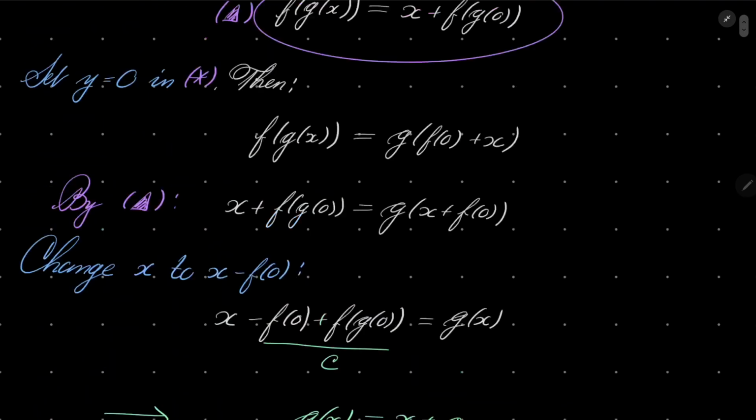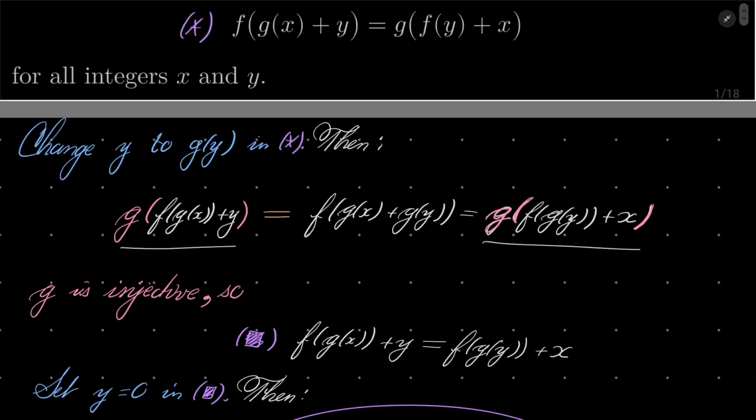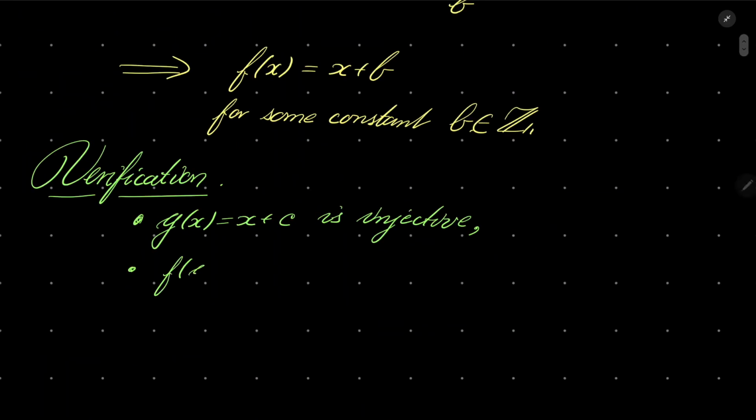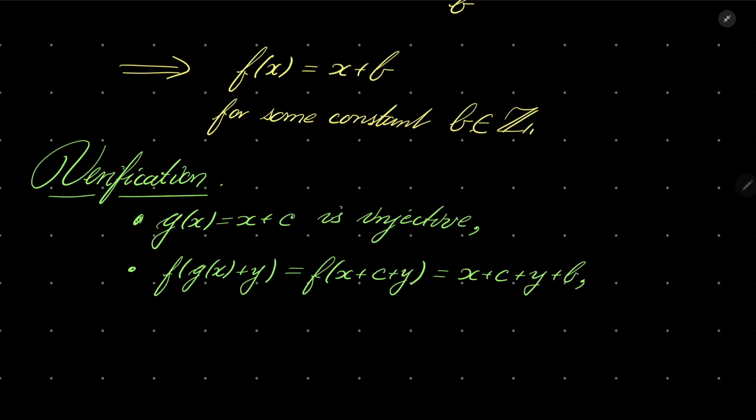And moreover, let's now write our expression. On the left hand side, we have f of g of x plus y. Well, it is f of x plus c plus y, which is x plus c plus y plus b. And on the right hand side, we have g of f of y plus x, if I am not mistaken.